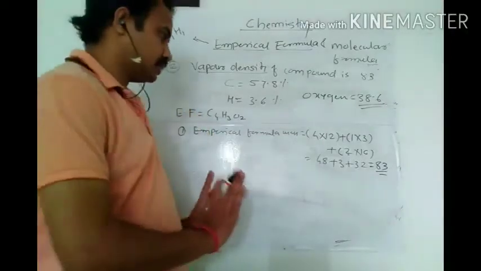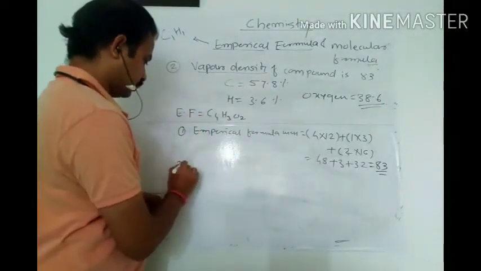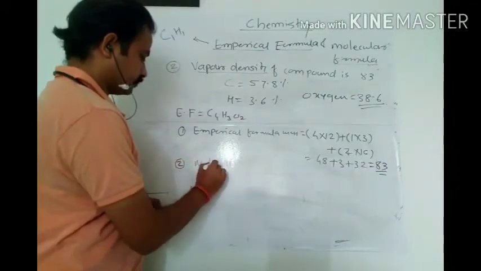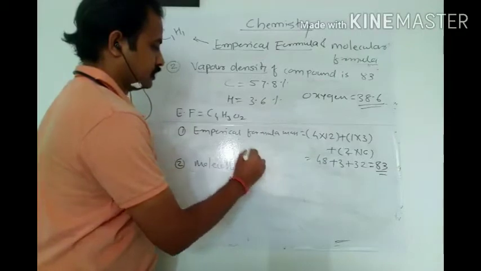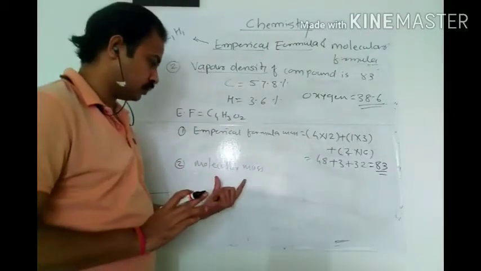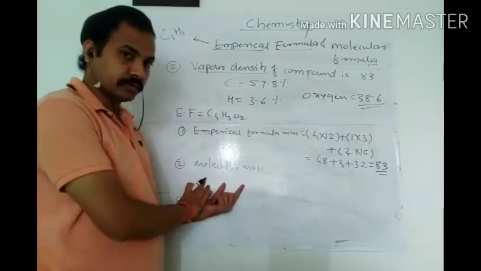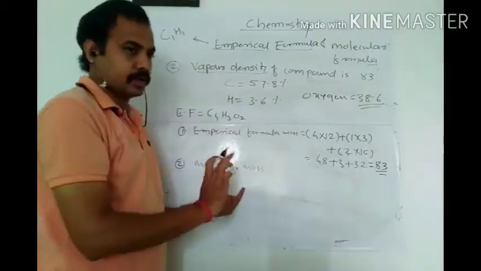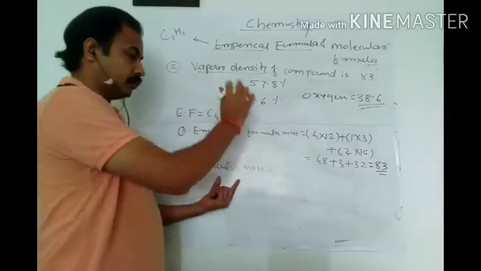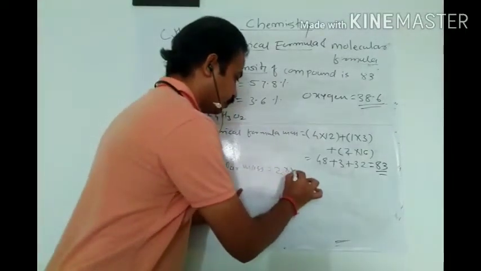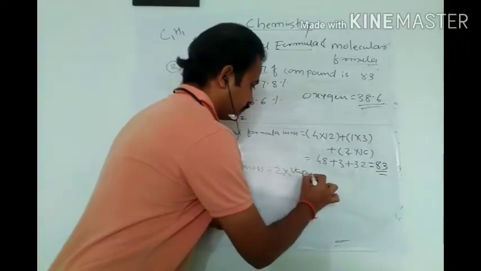Now once you get the empirical formula mass, you have to calculate the molecular mass. Again I will repeat, either this term is given in your problem, or if it is not given, they will provide vapor density. In order to calculate molecular mass from vapor density, we have to multiply 2 into vapor density.